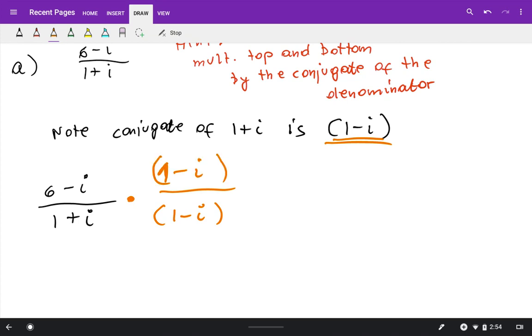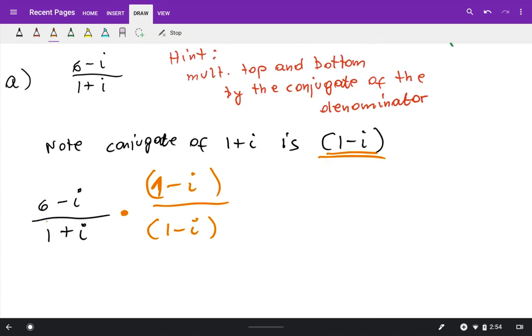We multiply top and bottom by the conjugate of the denominator. Why do we do that? Because look what happens.